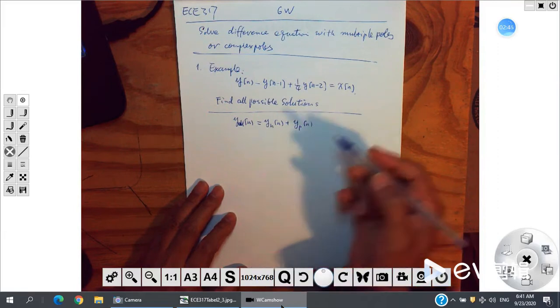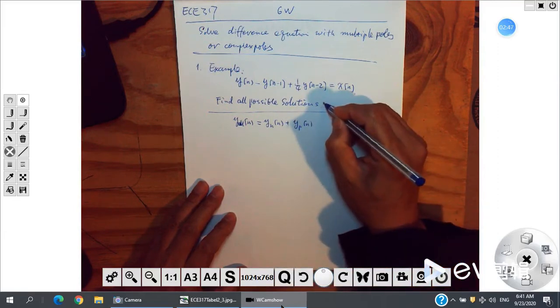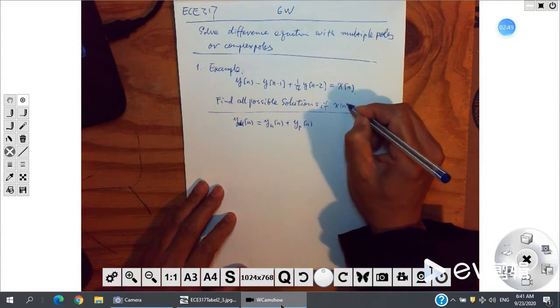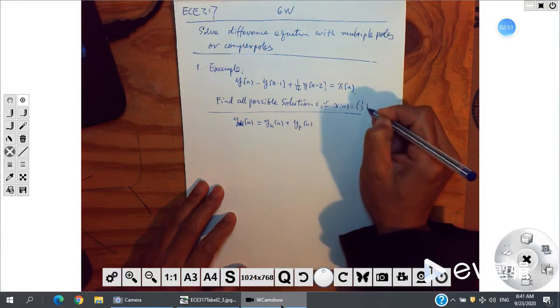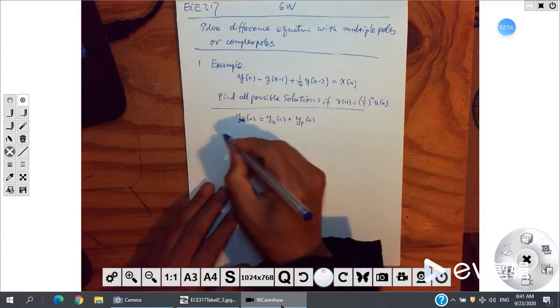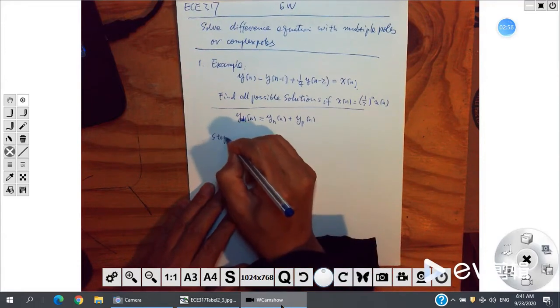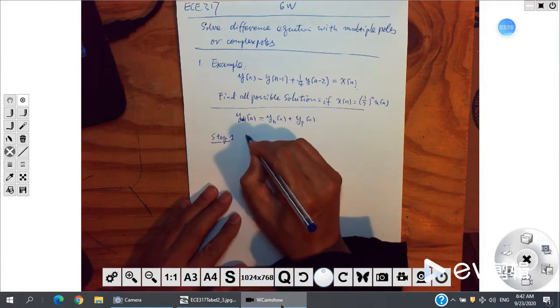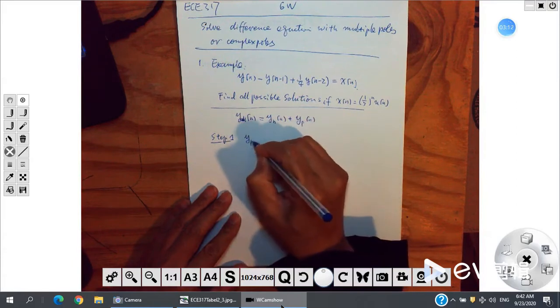I need the input. If the input is 1/3 to the n u of n. Okay, I have several steps. Step 1, yp. We start from the particular solution.